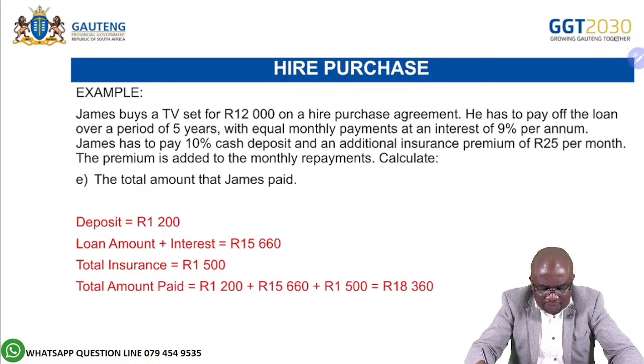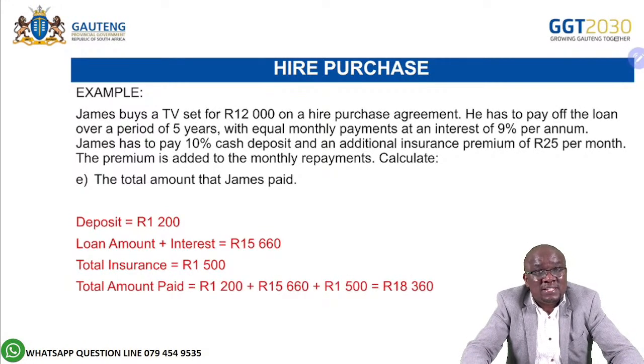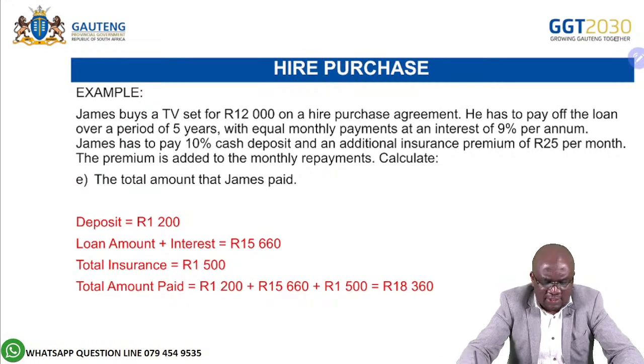So it becomes what? 18,360. Something that was costing 12,000 now will cost him a total of 18,360 in 5 years. But is it worth it? Sometimes not, because you are paying interest, isn't it? But sometimes because you are paying small amounts every month, it may be convenient for you.